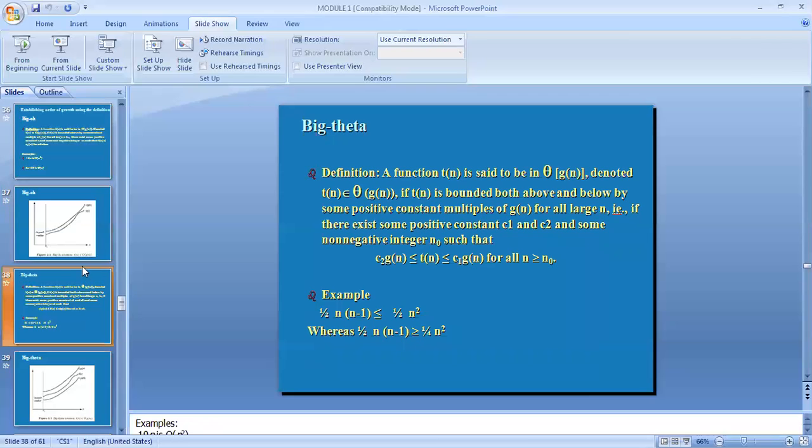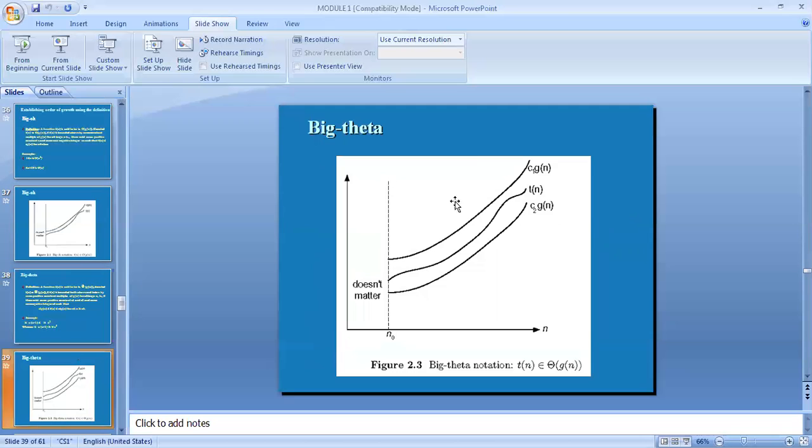Big theta of g of n. A function is said to be theta of g of n if T of n is bounded both above and below, like this.